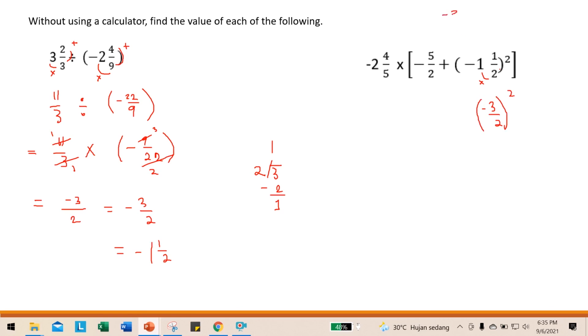Negative 3 out of 2 times negative 3 out of 2. If you meet your friend, the result is positive 9 out of 4.